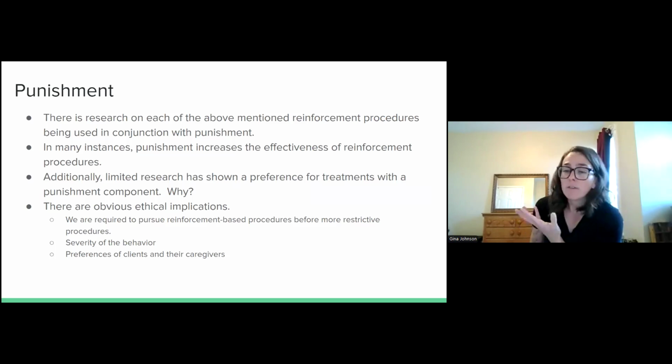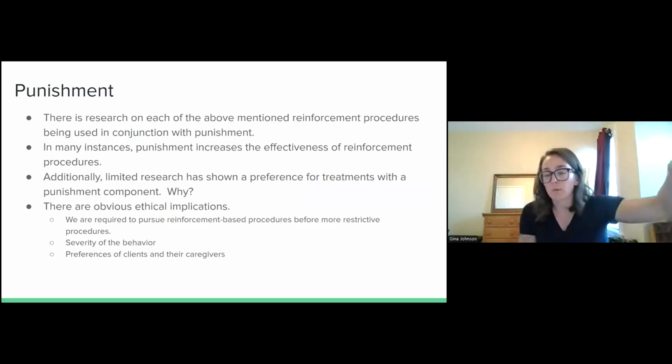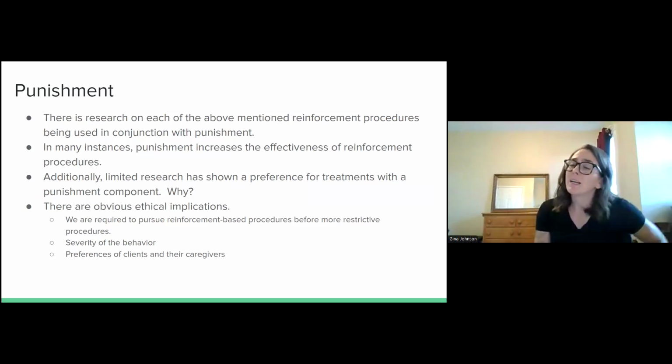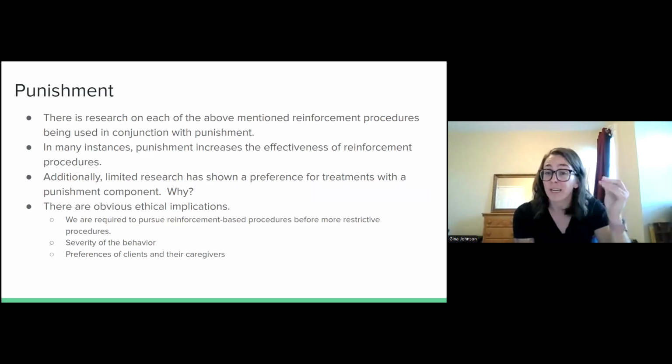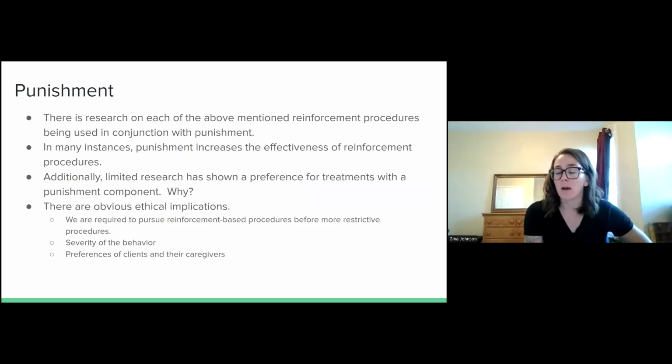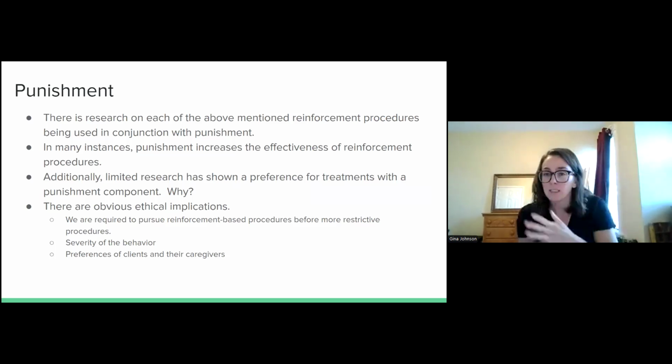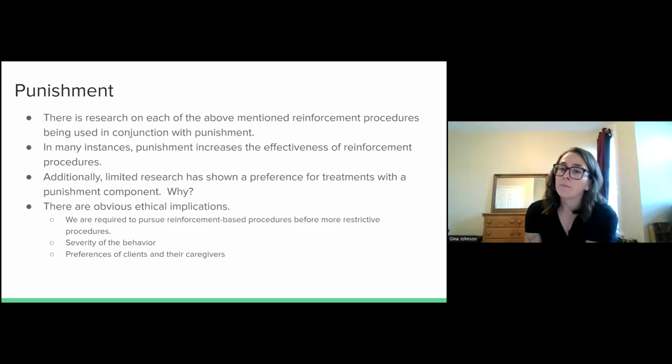All of you know we're required to try reinforcement procedures first, but because we can't drill down on exactly what that maintaining reinforcer is for automatically maintained behaviors, other procedures are added on to those reinforcement procedures, any of the ones we just discussed, in order to increase the effectiveness of the intervention.